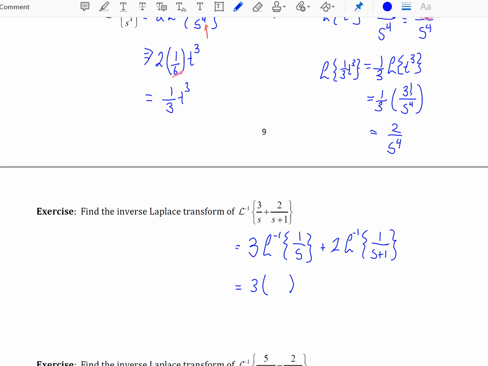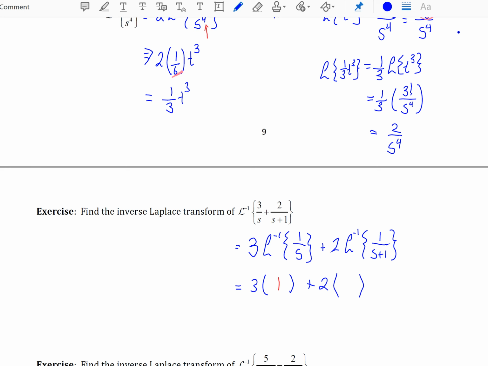So this would be 3 times 1 plus 2 times the inverse Laplace of 1 over s plus 1.